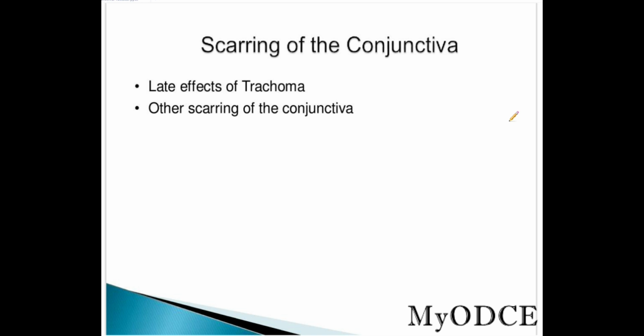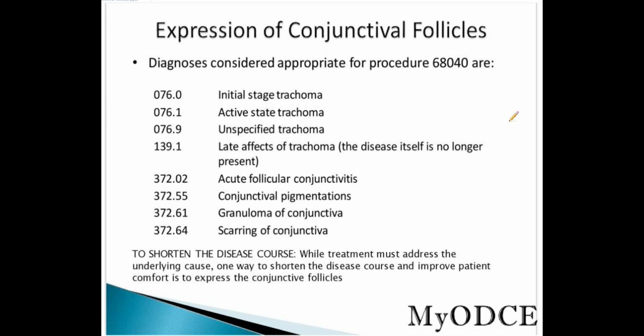Okay, so scarring of the conjunctiva, as we had said, late effects of trachoma, as well as other scarring of the conjunctiva. Other scarring, as we had mentioned, physical injury, chemical injury, surgery can lead to scarring of the conj, as well as AKC or VKC. So what we're seeing here are diagnoses that are recognized for the procedure of expression of conjunctival follicles.